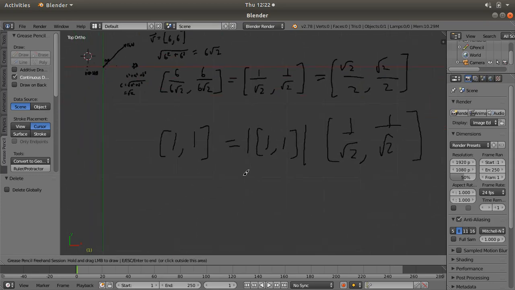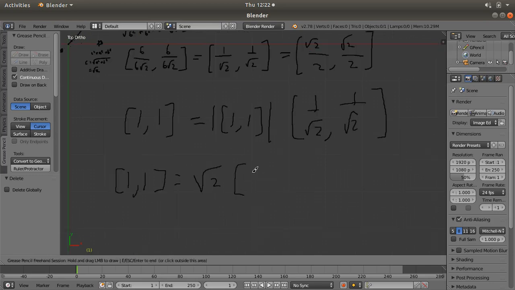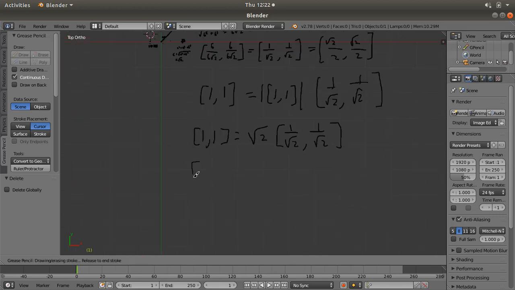So 1, 1 is equal to root 2 times the direction vector 1 over root 2, 1 over root 2, and 6, 6 is 6 root 2 times 1 over root 2, 1 over root 2.